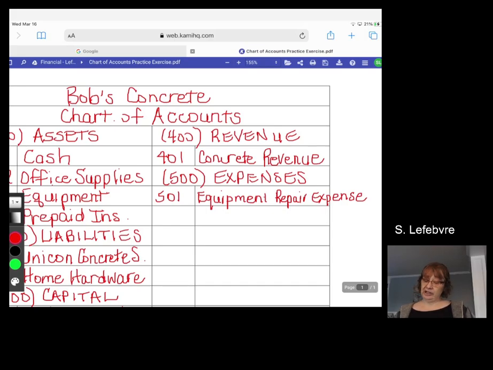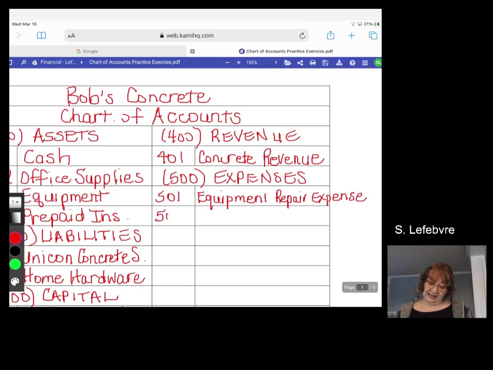And so you should never just put equipment repair. It should always be equipment repair expense. Now you could abbreviate it and put EXP, but know that accounting is a very precise skill area, and therefore your teachers, when they mark assignments, because this wouldn't be allowed in the workplace, will mark it wrong if you just put equipment repair. So always make sure you put that word expense there.